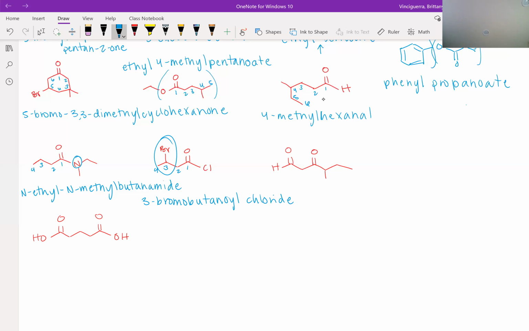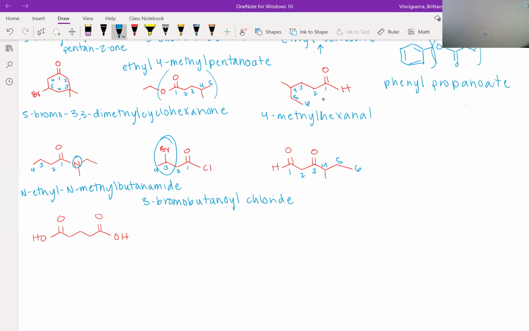Okay, what about this one here? What is the higher priority functional group? The aldehyde? Yeah, the aldehyde is the highest priority. So that's going to indicate our suffix. So what is the parent name of this molecule? Hexanal, right?